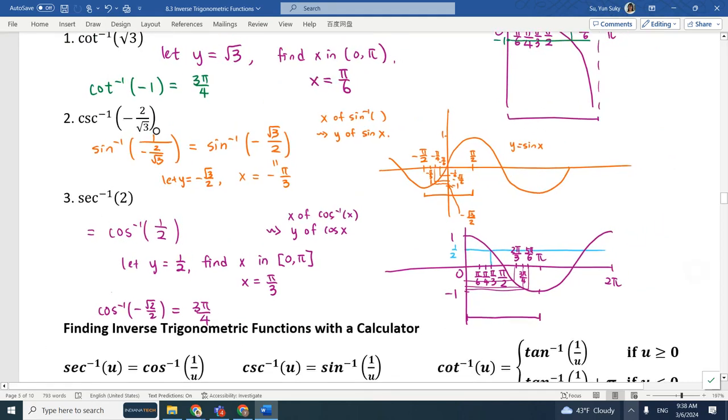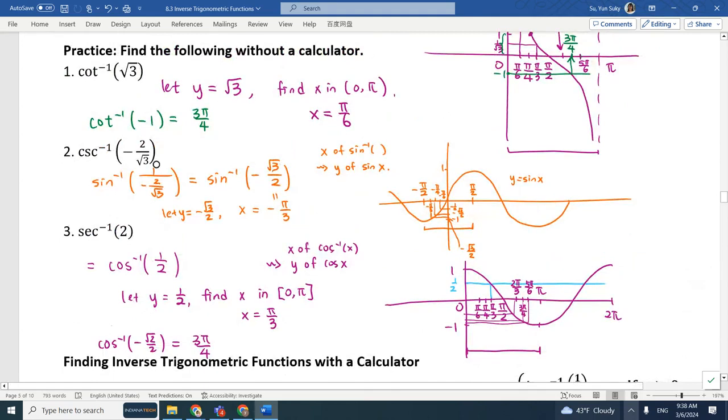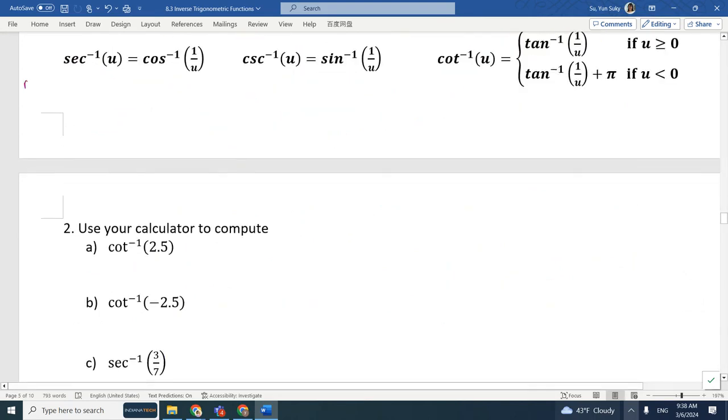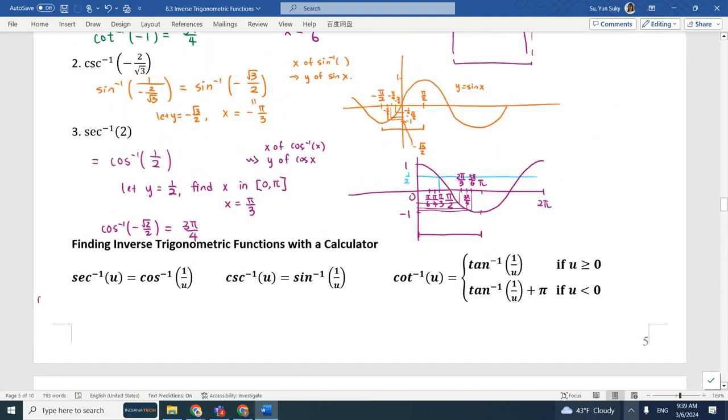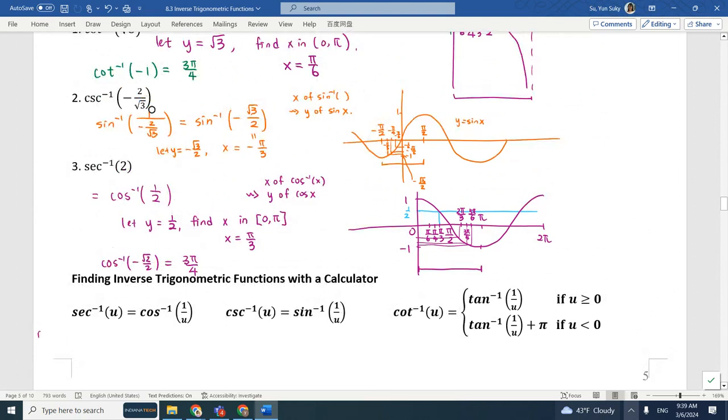Some problems in the exam ask you to find the exact value without a calculator. This is the work you need to show. And there are also some problems that ask you to find the values with a calculator. Now with a calculator, take out your calculator. Everybody take out your calculator.